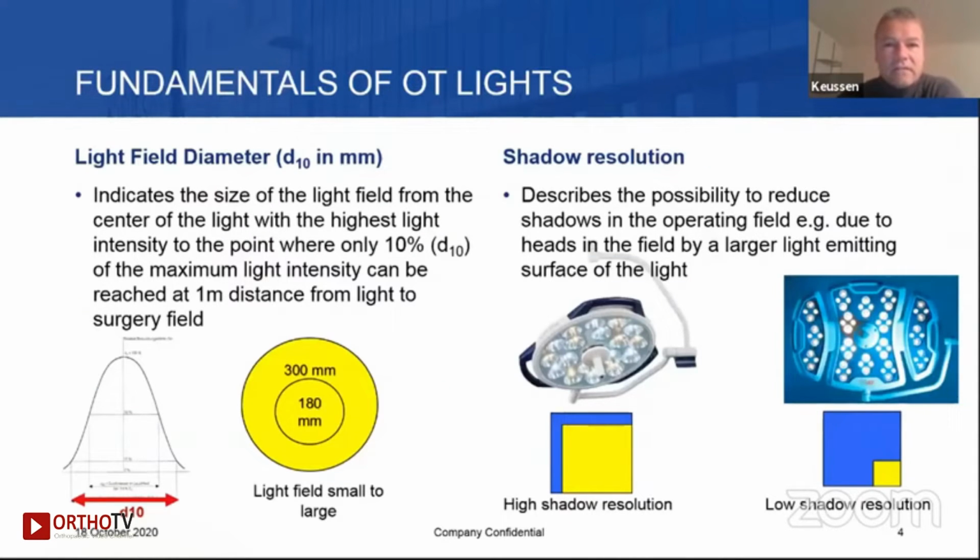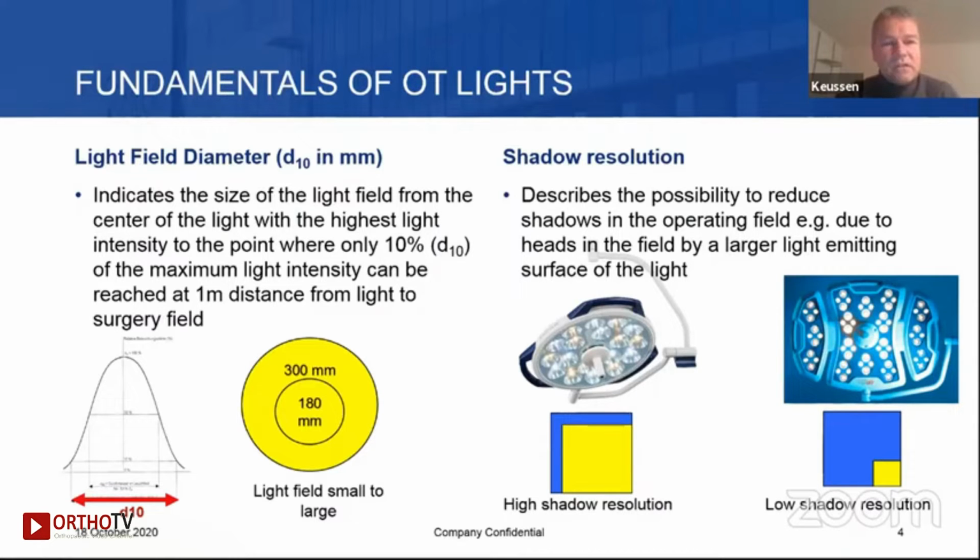Then there is another number that you can always see when deciding on lights, or in the brochures, which is the light field diameter. It's called D10, in millimeters. This indicates the size of the light field from the center of the light with the highest light intensity to the point where only 10% of the maximum light intensity is reached. This is all measured at 1 meter distance from the light to the surgery field.